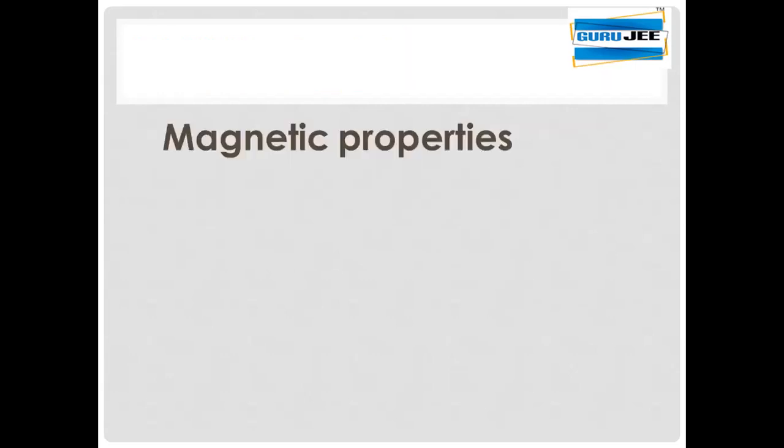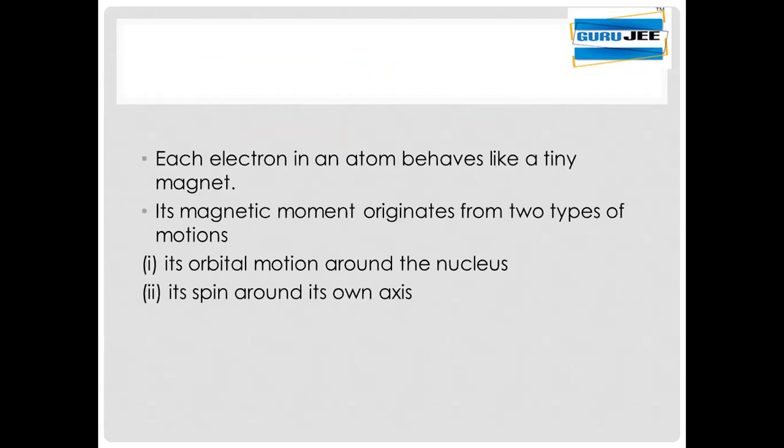So today we are discussing the magnetic properties of an atom. Each electron in an atom behaves like a tiny magnet, that means every substance will show some magnetic properties. Substances are made up of matter or atoms, and each atom is made up of electrons, and this electron can behave like a tiny magnet.